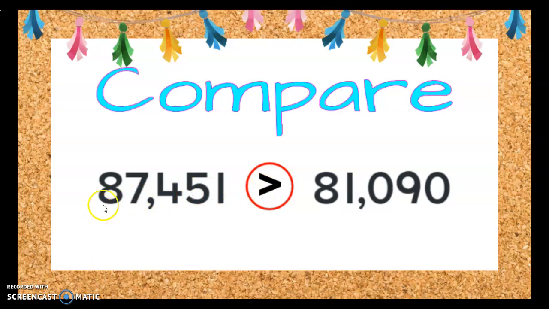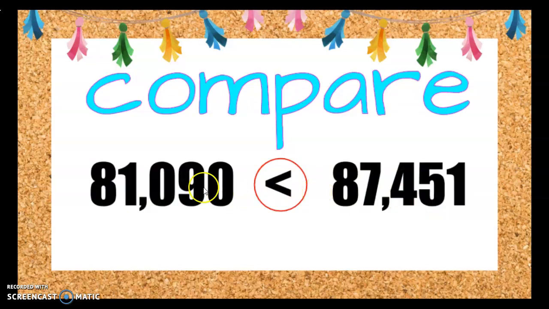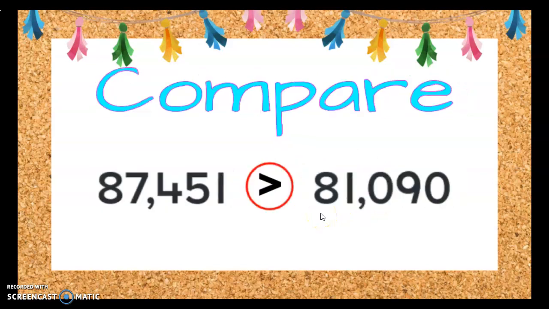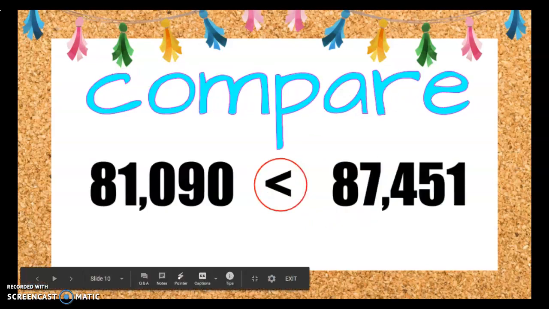So our number sentence would read 87,451 is greater than 81,090. We can write that in a different way. We can also say 81,090 is less than 87,451. But notice, both ways that we write, our crocodile is opened towards the bigger number. The crocodile always wants the bigger snack, or else he gets a tummy ache. We'll look at a couple more problems next.